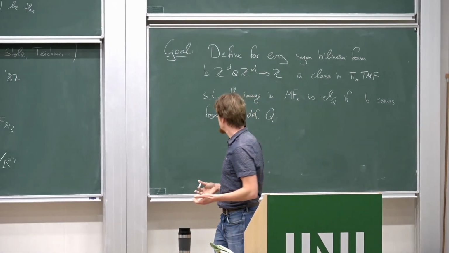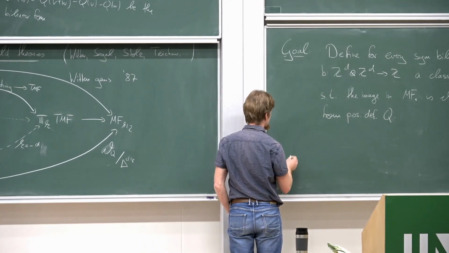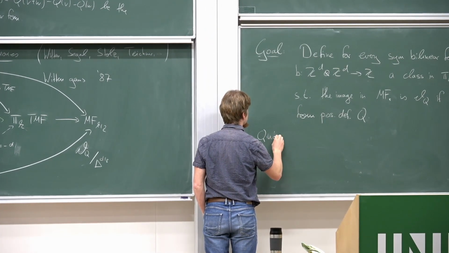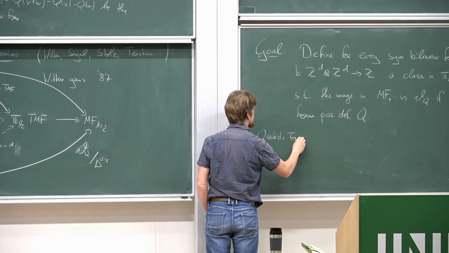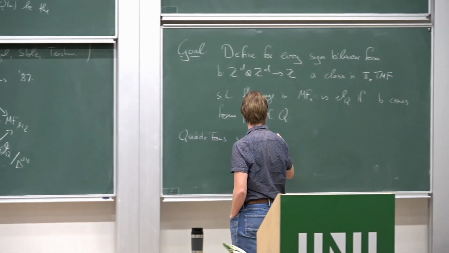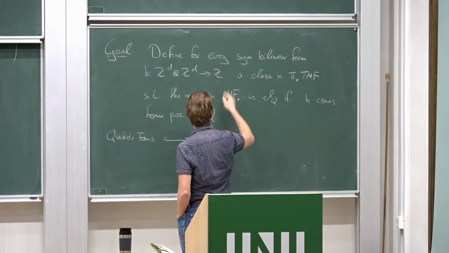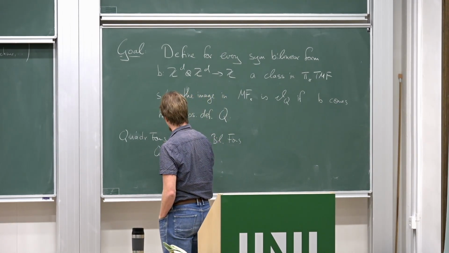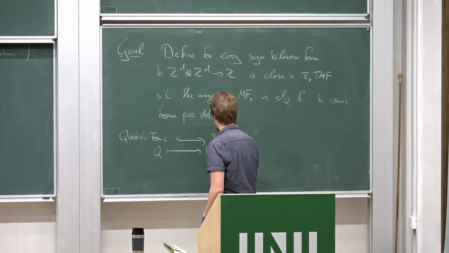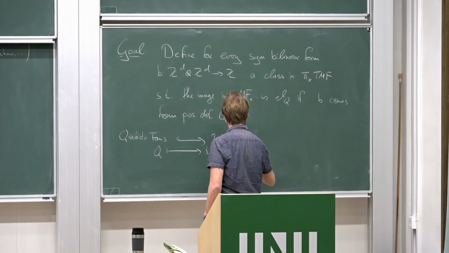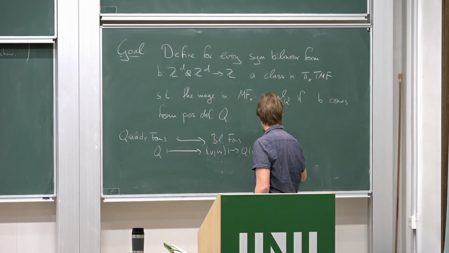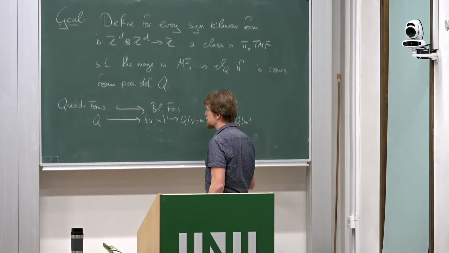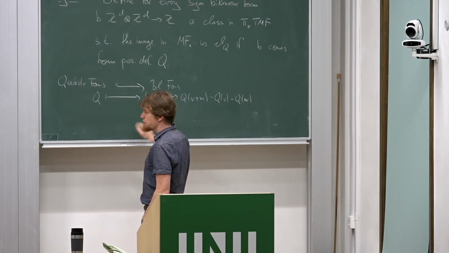So just as a small reminder about the relationship between quadratic forms and bilinear forms. There's an injection from quadratic forms into the symmetric integral bilinear forms. You send Q to the bilinear form (V, W) goes to this polarization formula sort of thing. But not everything is in the image.